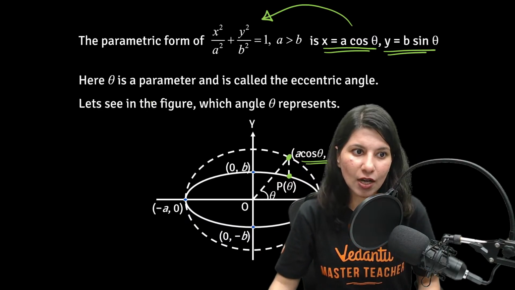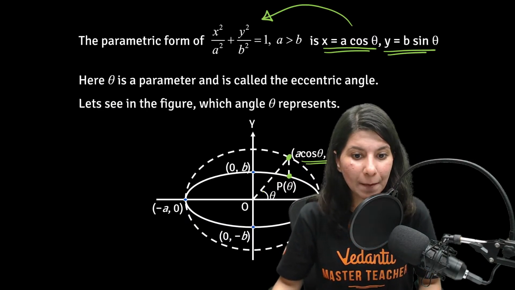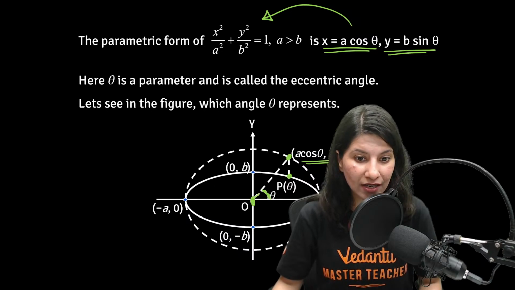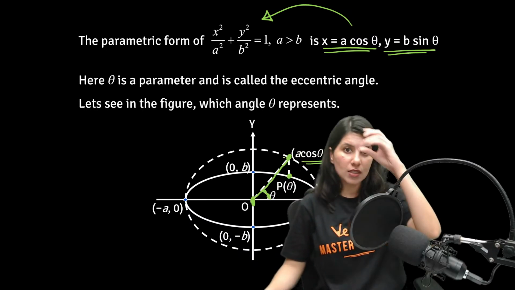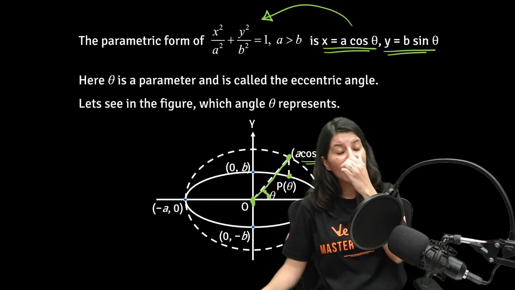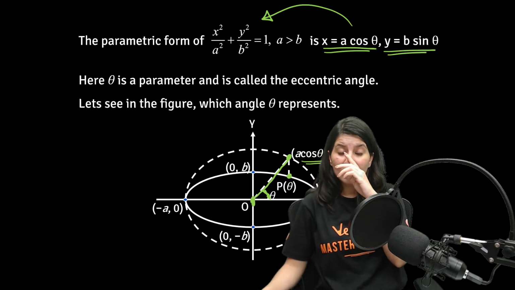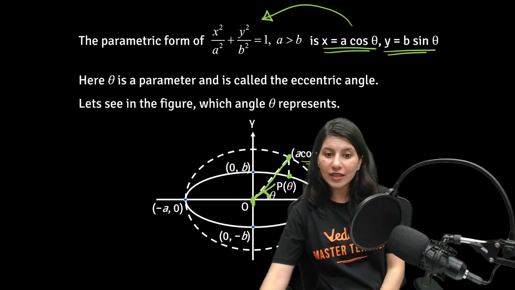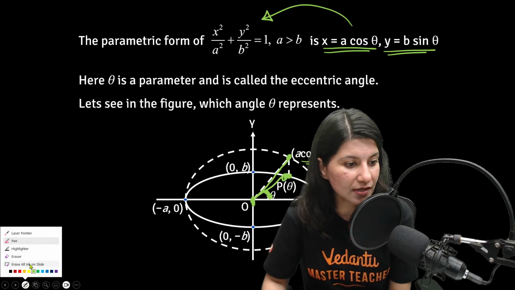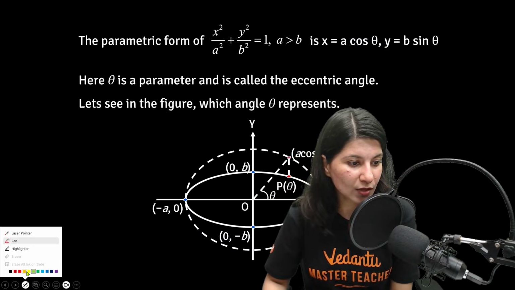Now theta is actually formed by joining the origin or center with the point on the auxiliary circle, an imaginary circle which is not existing. We have drawn it. So remember, theta is not this. Some people will say theta is this. No, theta is something else.